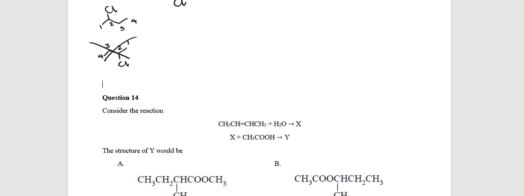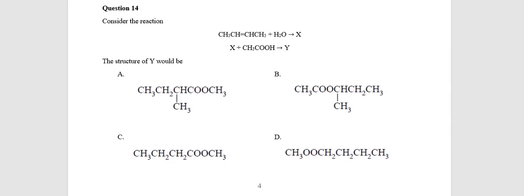Moving on, question 14. Consider this reaction, and you need to work out the structure of Y. I think I got this question from an old U12 exam. So congratulations, you can do some of them in theory. You need to recognize the type of reaction that is happening, and in order to do that, you need to recognize the type of molecules involved.